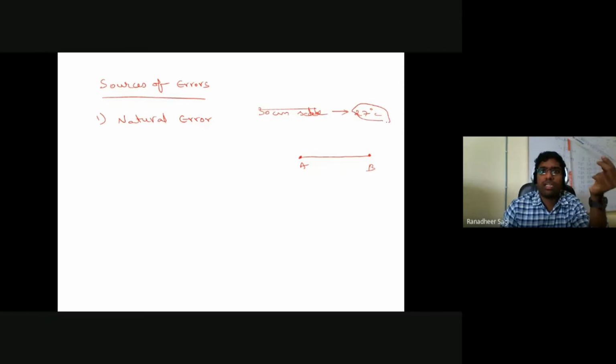In general, this temperature of 27 degrees centigrade is most of the time taken as a standard temperature in design and manufacturing aspects, approximately around 27 to 30, depending on the locality's climatic conditions. Let's say this is manufactured at a standard temperature of 27 degrees centigrade.